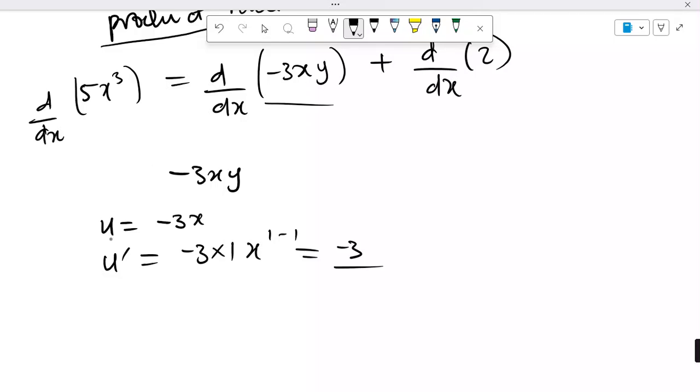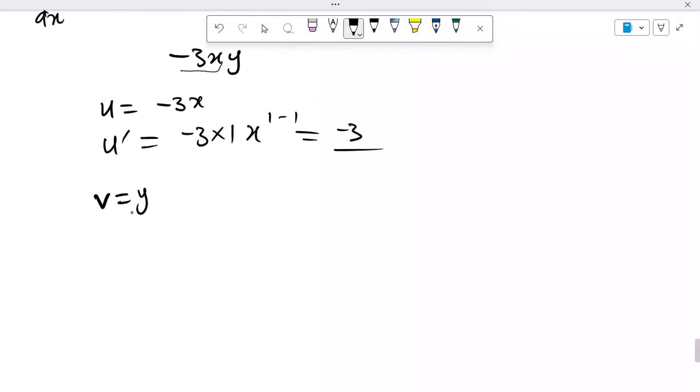Okay, then v is what? y. So we've set this first part equal to u and the last part equal to v, which is y. Okay, so we differentiate this, but remember this is a y term, so we have a dy/dx. Okay, so v prime now equals, the coefficient here is 1, so 1 multiplied by the power, drop the power 1 multiplied by y to the 1 minus 1, dy/dx.